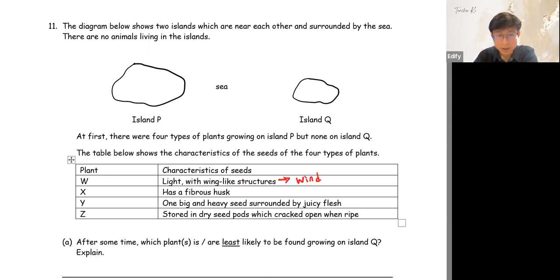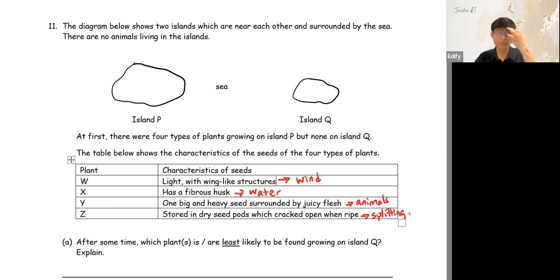X has a fibrous husk, so is likely to be dispersed by water. Y is one big and heavy seed surrounded by juicy flesh, likely to be dispersed by animals. Z is stored in dry seed pods, so it is likely to be dispersed by splitting.